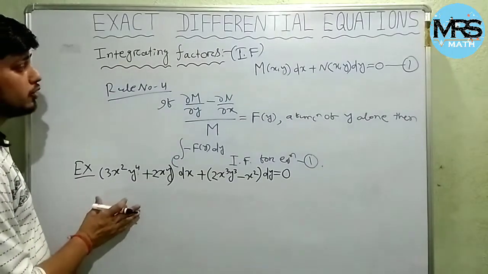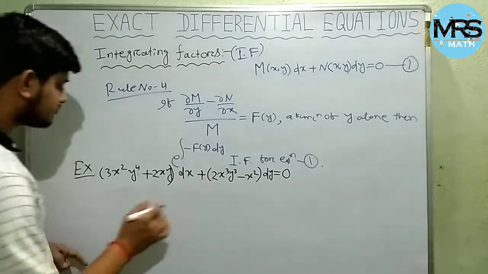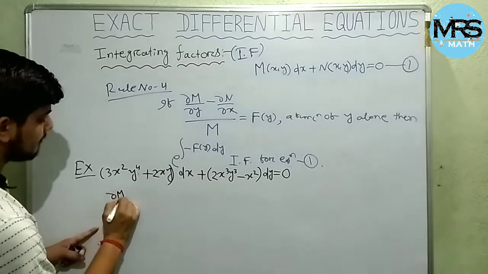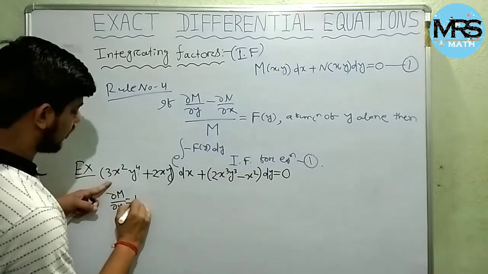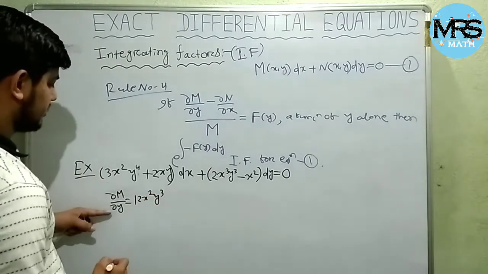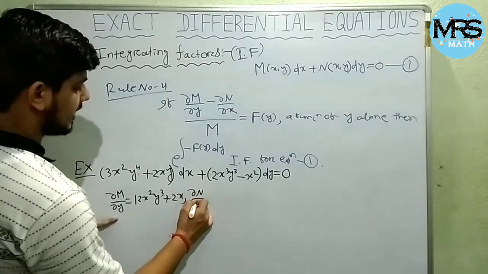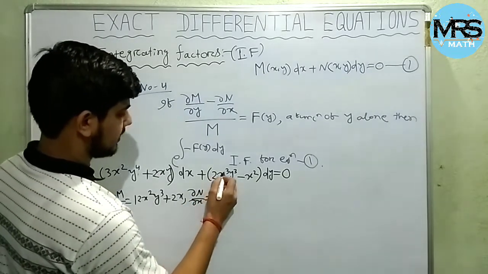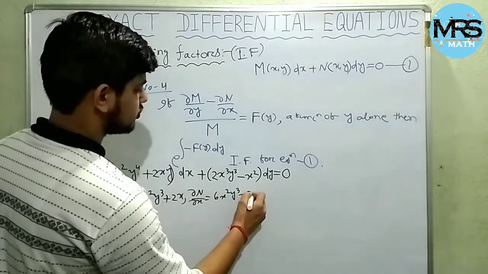Okay, so let us verify this by taking one example. So this example will verify using rule number 4. Okay students, first of all we will calculate what is del m by del y, right? That will be 12 x square y cube, correct, plus 2x, right? And del n by del x, it will be 6 x square y cube, right, minus 2x.